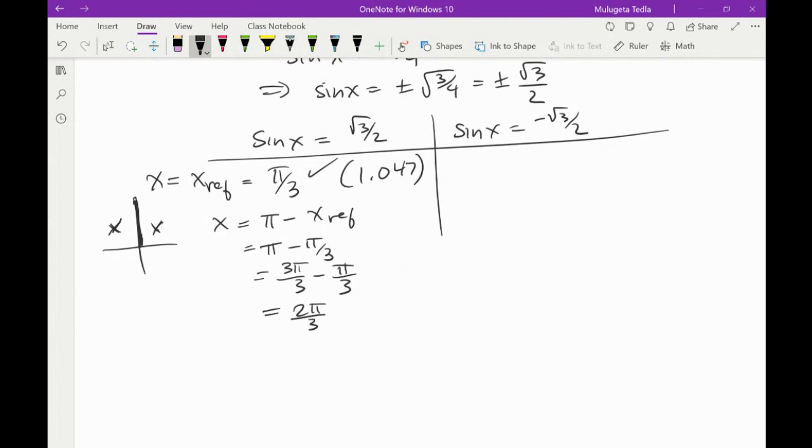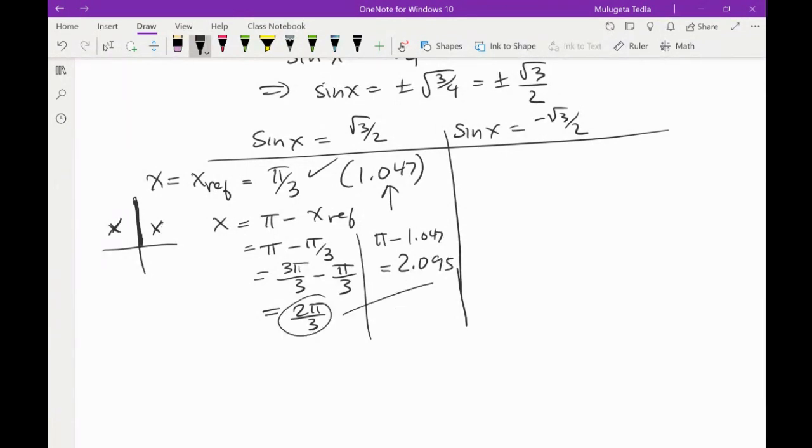Or if you have been working with decimals, you would do pi minus 1.047, which is 2.095. So we've got two angles as solutions.